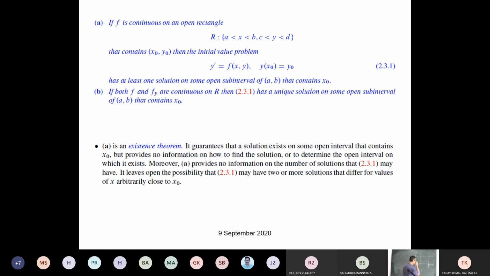Don't worry about it. So what is R? R contains points (x, y) in R2 such that x strictly lies between A and B, and y strictly lies between C and D.